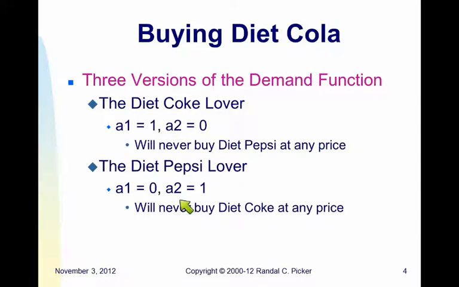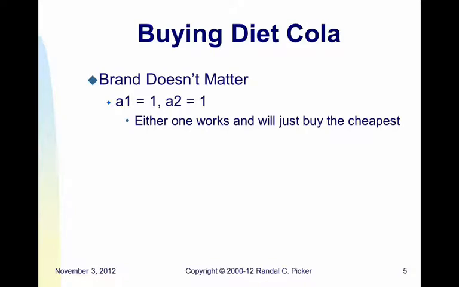Then we've got the other type of consumer, a second type of consumer, the Diet Pepsi lover, who will only drink Diet Pepsi, doesn't value Diet Coke, never will buy it at all. And then I've got a third type of consumer. My third type of consumer is someone who's indifferent between them. He attaches equal value in the utility function.